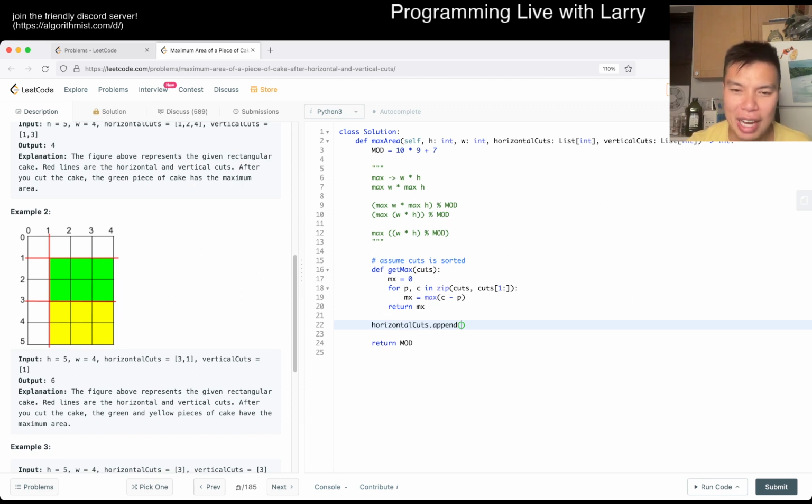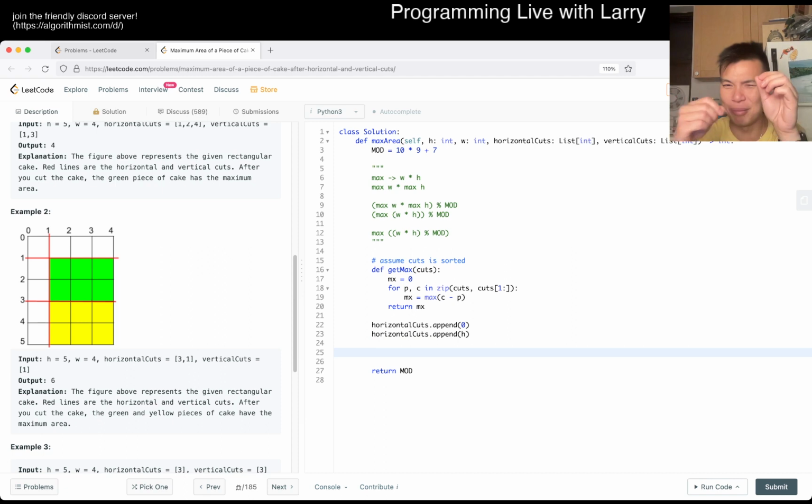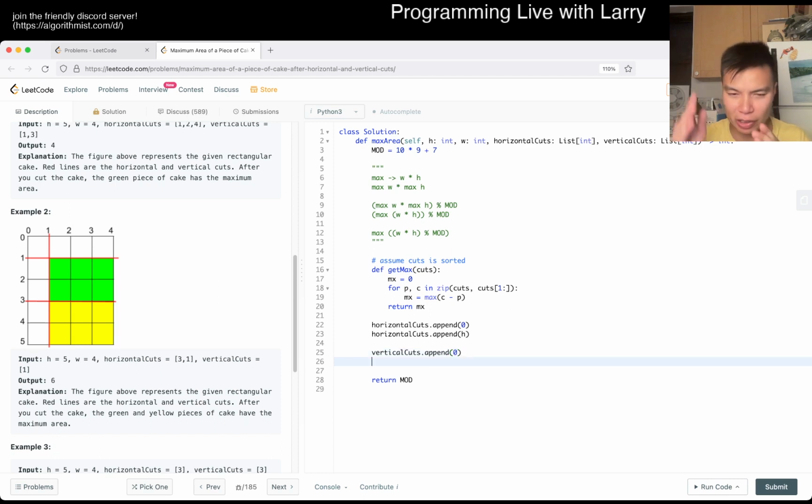But okay, let's just say we have a cut at 0. That part is easy to get correct, I hope. So a horizontal cut means that it's the height, right? So this is going to be the H. I feel like it's easy to mix up the H and the W, and hopefully I'm right on this one. Vertical cuts, it's going to be the width, because the width is going to be the vertical cut. Hopefully that makes sense. Yeah, and then now we can.